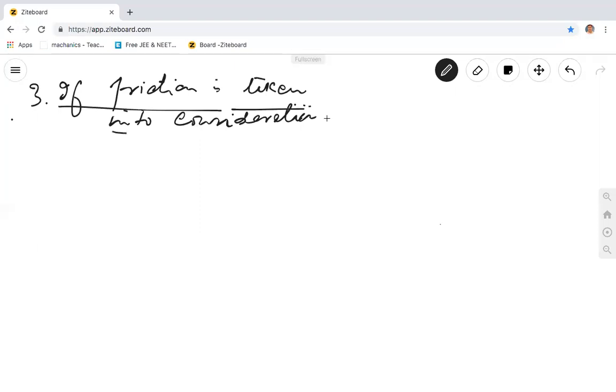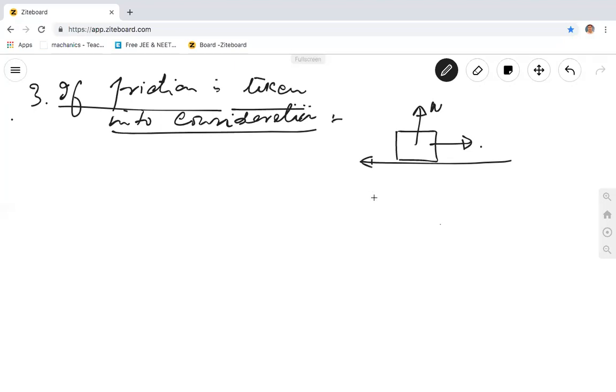I have not taught you friction so far, but I must tell you the maximum frictional force is, suppose it is a body here and its normal reaction is N and it moves in this direction, let me suppose, or it tends to move in this direction. The friction force is backward, F, that is mu, coefficient of friction between this surface and this, times normal reaction. This you have to remember for the time being.